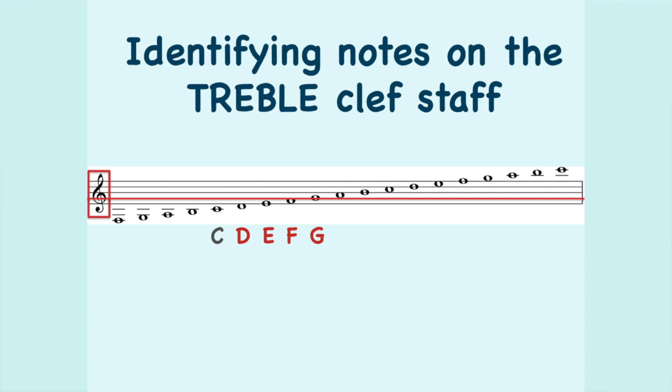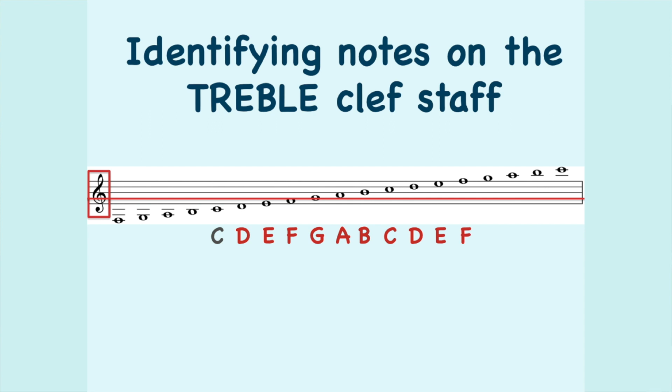After G, the note in the second space is A. You have to bear in mind that there is no H in the musical alphabet. The note on the third line is B. Going up the staff, we have the note C in the third space, the note D on the fourth line, the note E in the fourth space, and the note F on the fifth line.